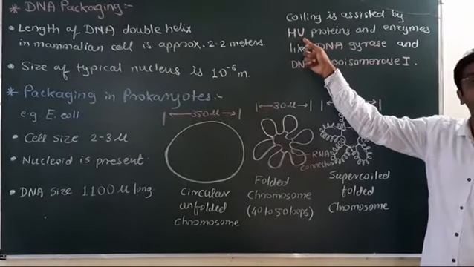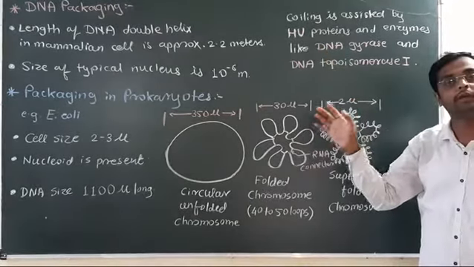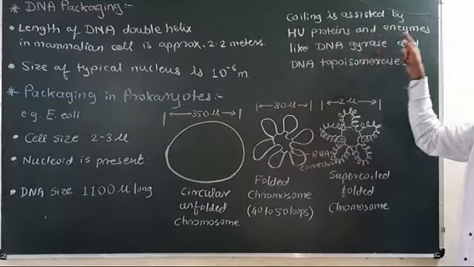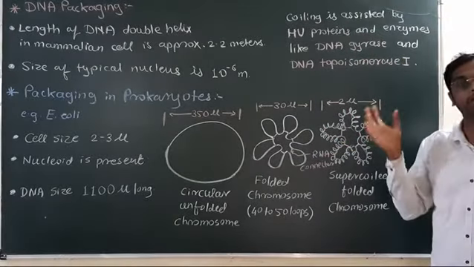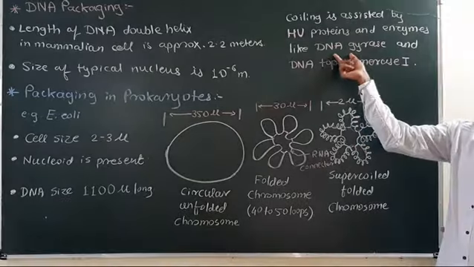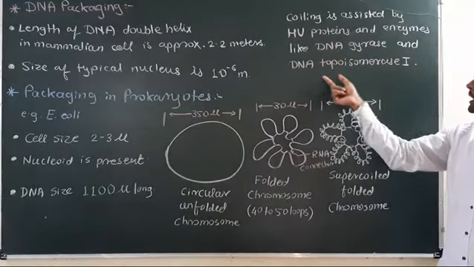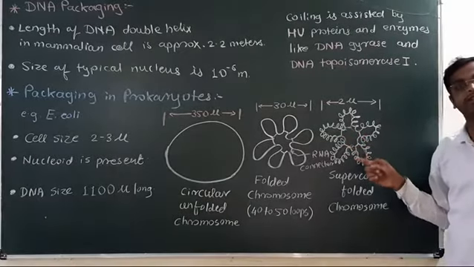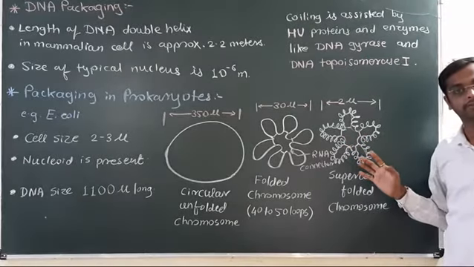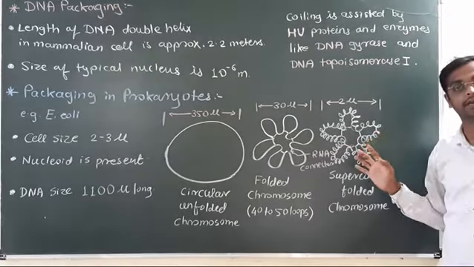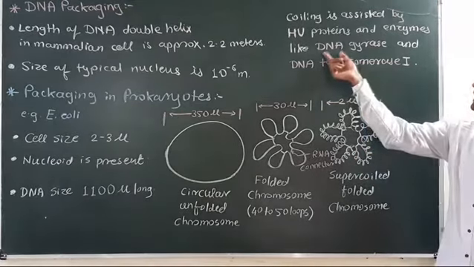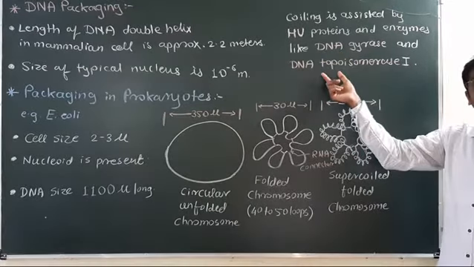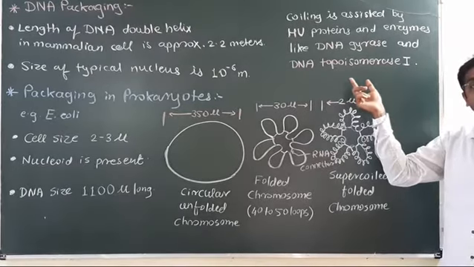HU proteins means non-histone DNA binding proteins and enzymes. There are two enzymes given, like DNA gyrase and DNA topoisomerase 1. This supercoiled stage is maintained by this DNA gyrase and DNA topoisomerase 1.